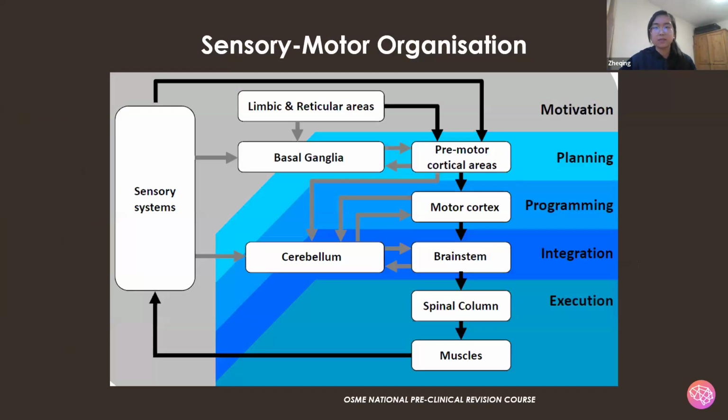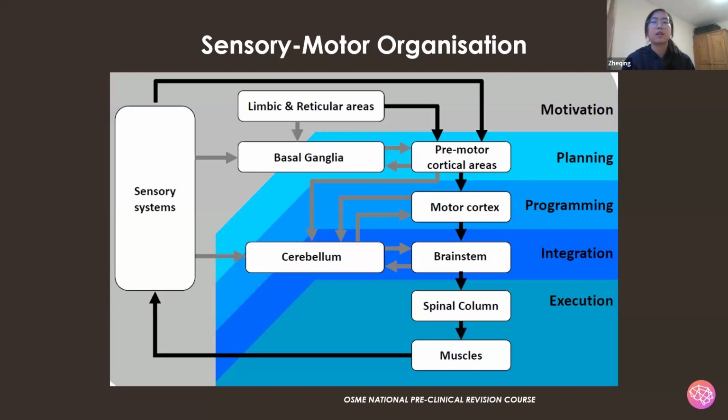In this diagram I took from one of our lectures, it shows the connections between the different parts of the brain as well as their functions, and the connection with the sensory system. It's quite a complex organization, but you can think of it in terms of different steps.